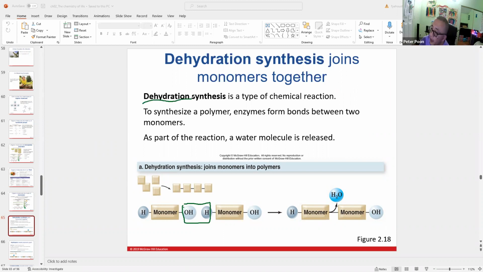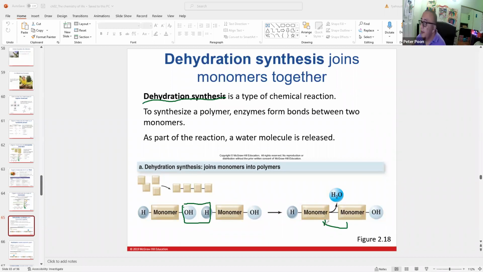So dehydration: removal of hydration, water; synthesis, to put 2 things together. We remove water and we put 2 things together. So dehydration synthesis takes 2 units and joins them together.